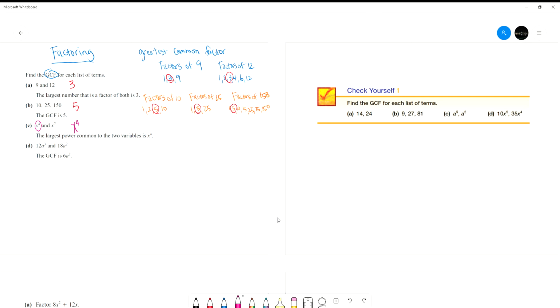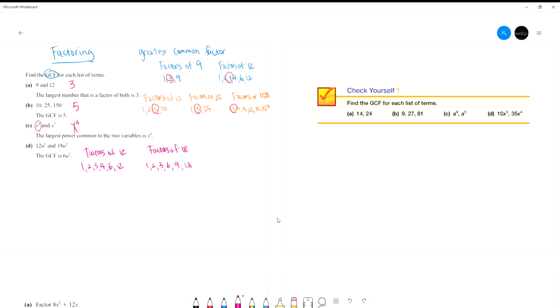So if you look at part D, you see how it's 12a cubed and 18a squared. So I'm looking at the numerical coefficients first. Factors of 12 are 1, 2, 3, 4, 6, and 12. For 18, we have 1, 2, 3, 6, 9, and 18.